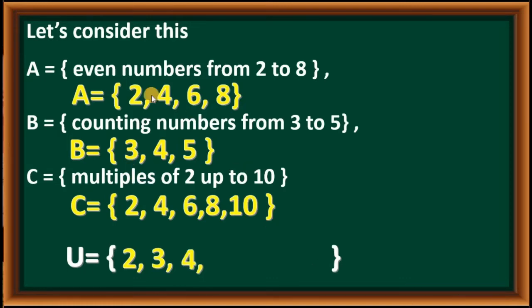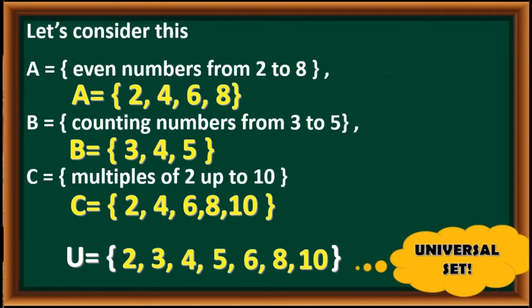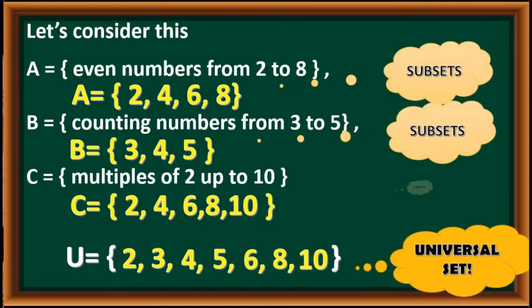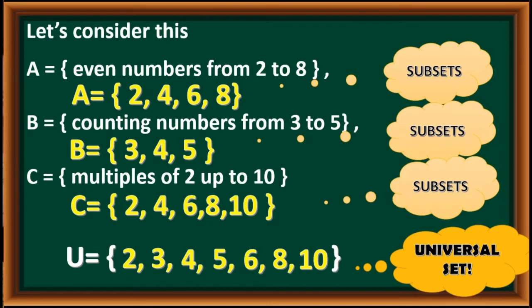Next is 4, so you have 4, 4, and 4, so you can write it one time only. And then 5, 6, okay, there's no 7, so you're not going to write it in the universal set. The next is 8, and then 10. So, given these three sets, our universal set is this. And those three are called the subsets.